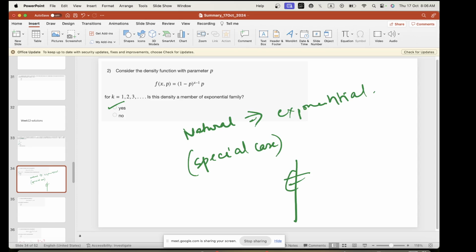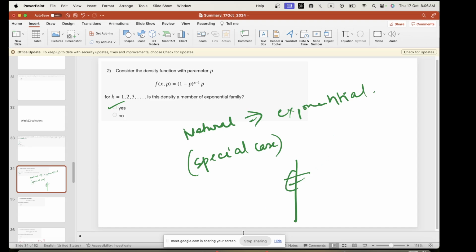Alright, so this will only hold when the functional form matches and we would have b theta equal to theta. Okay, so this is another thing.